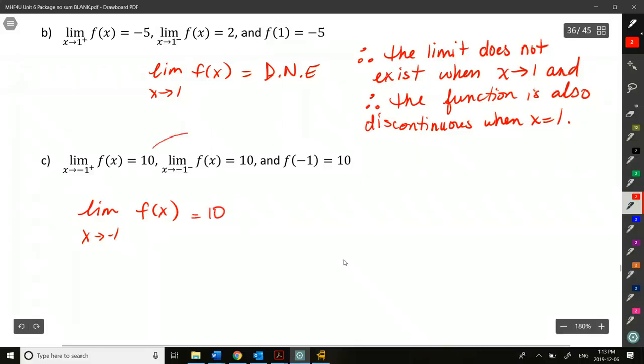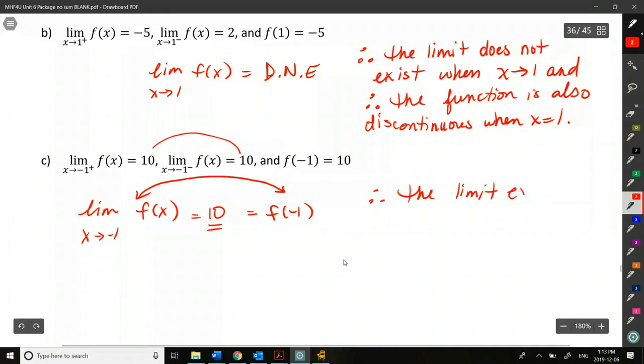The left and right limits are equal, and they equal 10, so the limit must be 10. What can you tell me about continuity when x equals negative 1? Why is it continuous? When you plug in x equals negative 1, the equation is still 10. Okay, so the limit when x approaches negative 1 and f at negative 1 are both equal to 10, right? So therefore the limit exists, and the function is also continuous at this point.